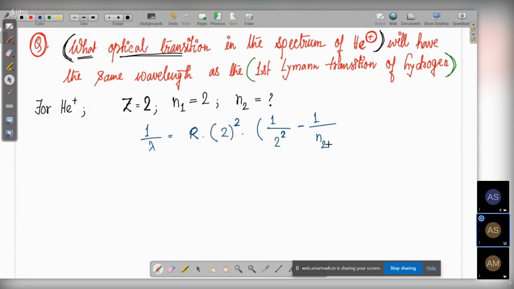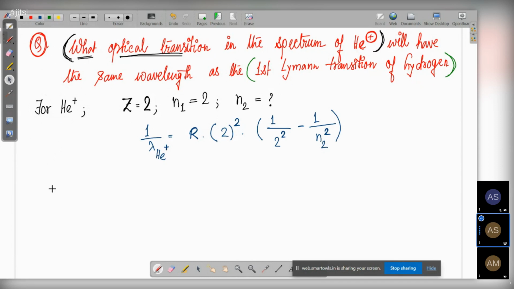The value of N2 I do not know, so I cannot put the value. For the sake of simplicity and better representation, I will write it as lambda of helium, where the subscript indicates that this is the wavelength for helium, so that we do not confuse it.